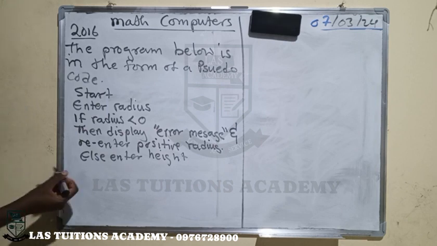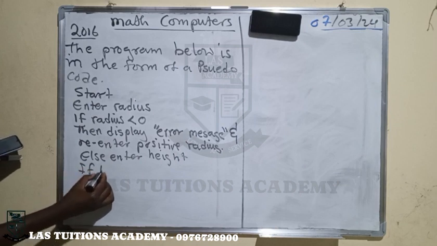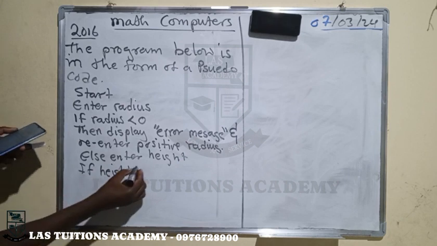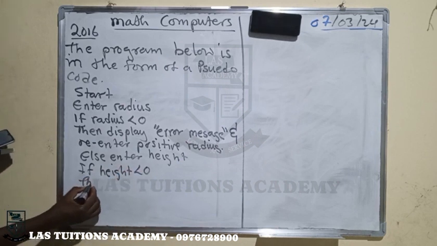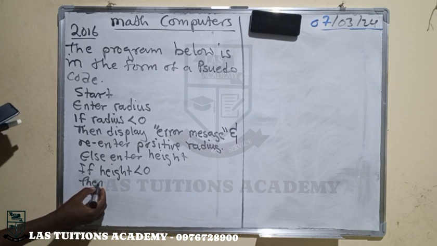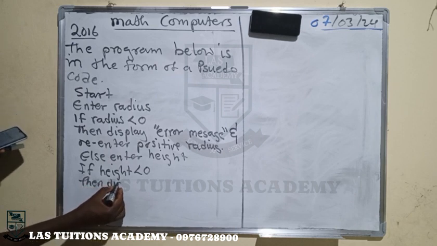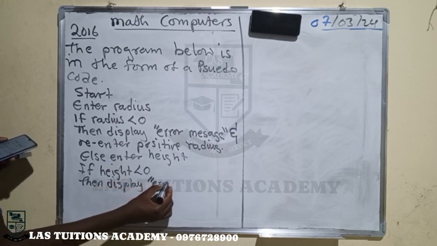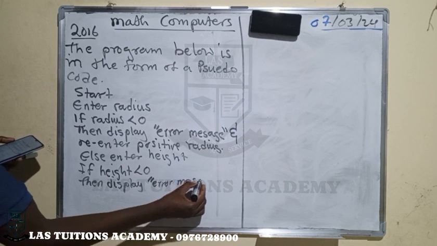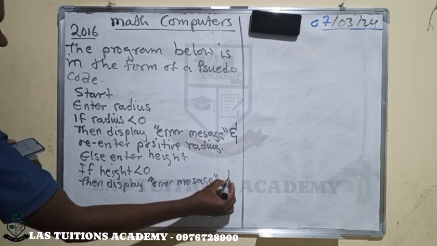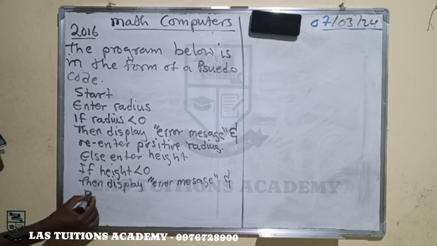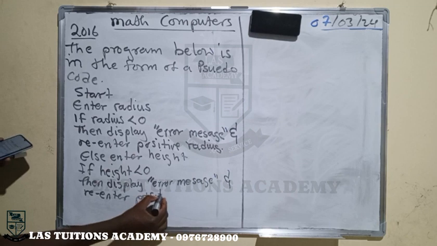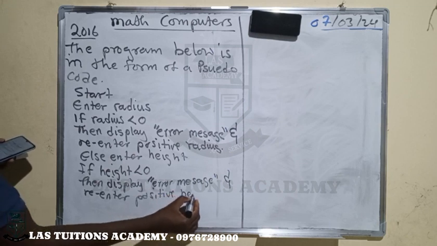Then if height is less than 0, then display error message and re-enter positive height.